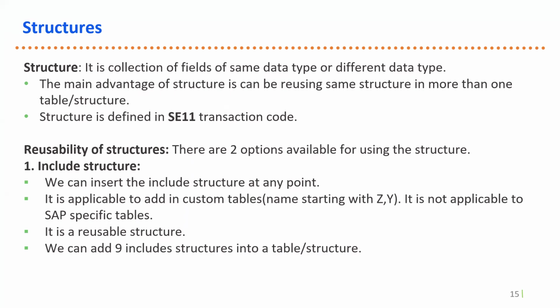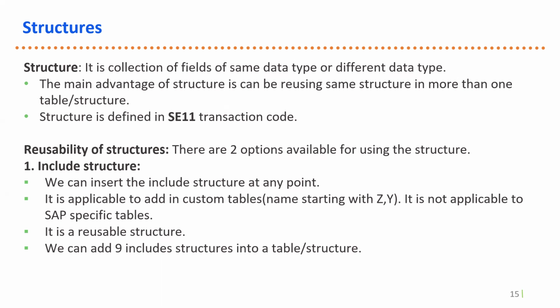Whenever we want to insert a structure in a specified position, we have to use include structure, because include structure can be added at any point or any position in the table or structure.